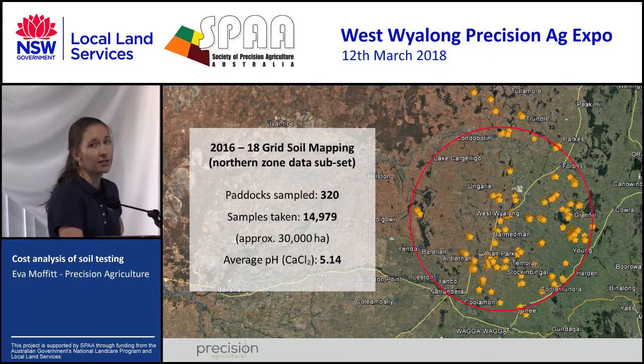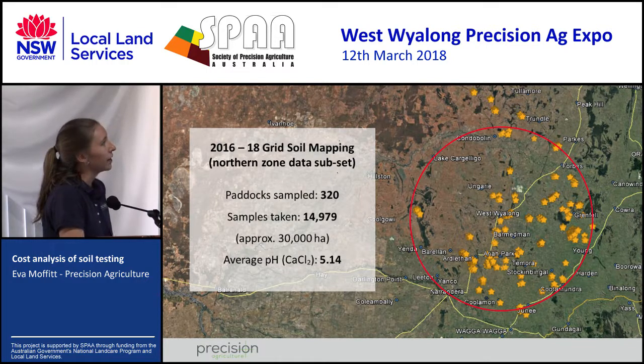So I did the same analysis last year based on all the data in my area, which is basically here down to the border. And that average was 4.92, I think. So this data set is slightly more alkaline. I think some of that might be some of that heavier country coming through, but also maybe just the individual farmers that are in that region or something like that, I'm not sure.